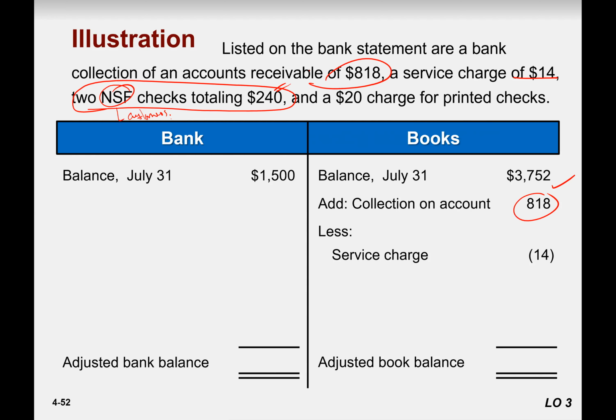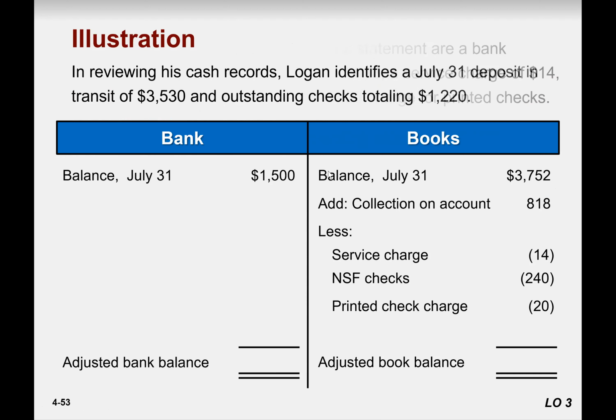Now you need to decrease, because the cash is not cashed out, right? And then 20, they also charge for printing the checks. Simple. That's it. Right?